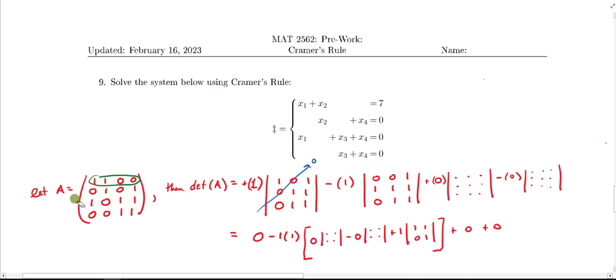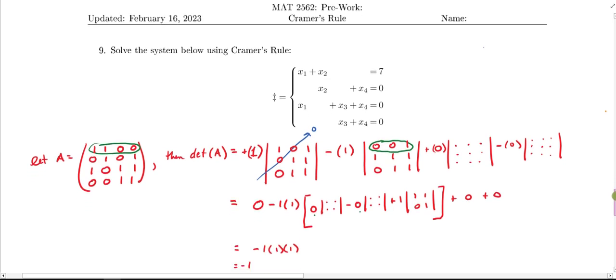So even though I had this messy 4x4 determinant to calculate, I ended up only having to do one 3x3 determinant, and that one, if I was careful, I think I opted to expand along this row here, so I've got a couple of zeros, and so I only had to compute a 2x2 determinant and then just not get lost in the signs of everything.